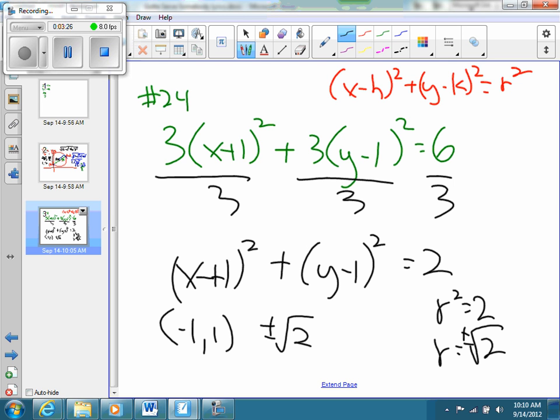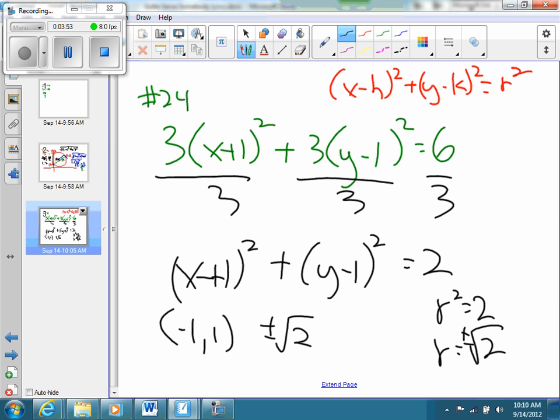Except, what's wrong with that? Volunteer. What's wrong with that? It's just staring you right in the face. Radius can't be negative.